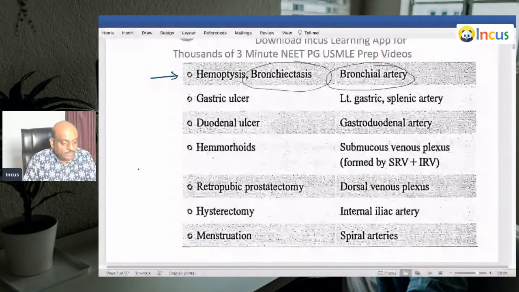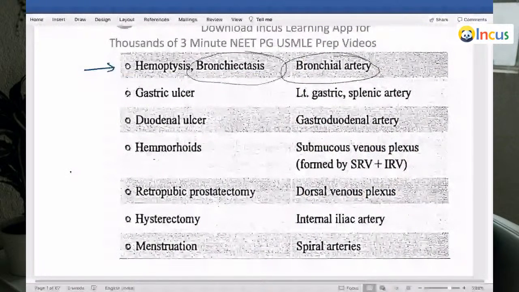Now, the next very important and interesting question is about end arteries. Where are all the end arteries located? So let us become the champion in this topic. The central artery of the retina is an absolute end artery.